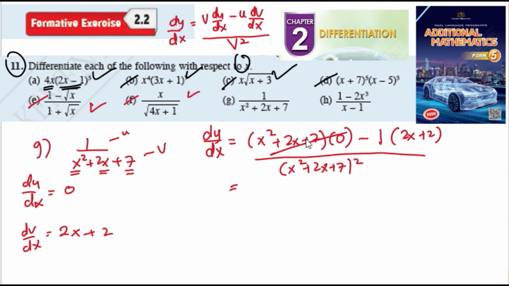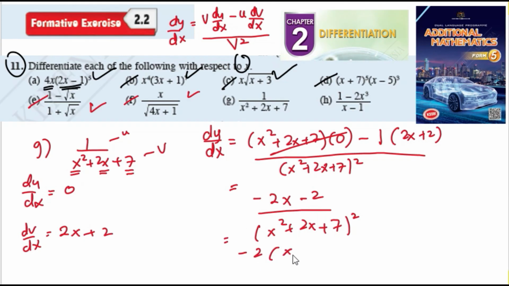So negative 1 times 2x, you get negative 2x. Negative 1 times 2, you get negative 2. This one, x squared plus 2x plus 7 power of 2. So you can take out negative 2, right? Negative 2 times x plus 1, over x squared plus 2x plus 7 power of 2.